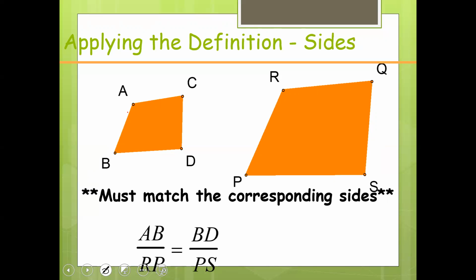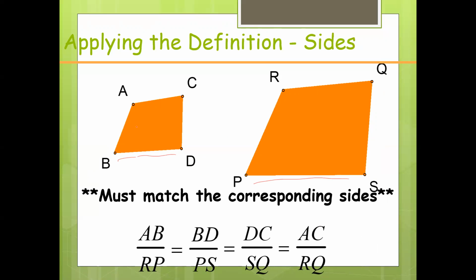And then BD, this side here, corresponds to this one, PS. And DC corresponds to SQ. And lastly, CA corresponds to QR. Again, just follow the sequence, counterclockwise.